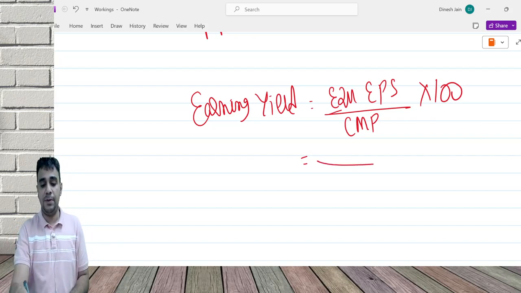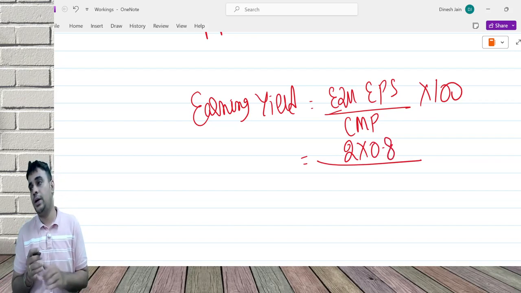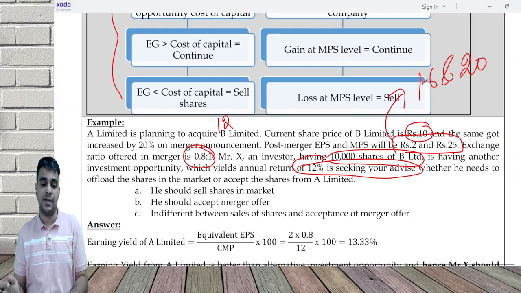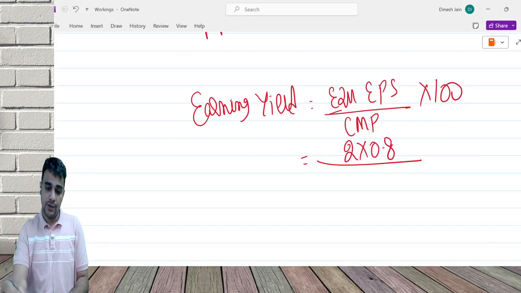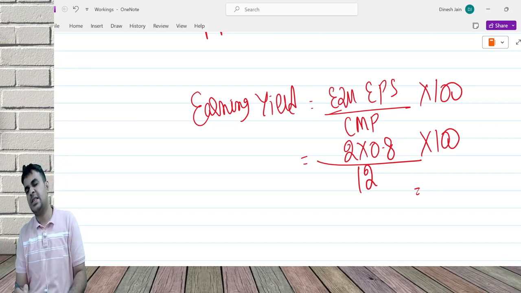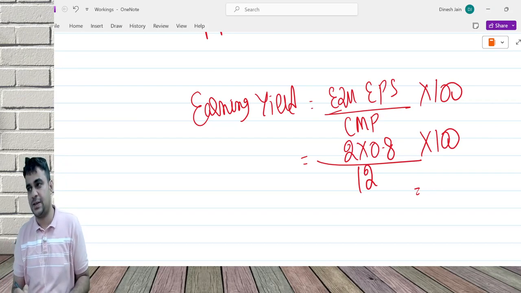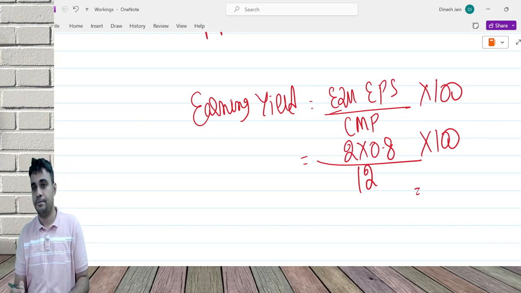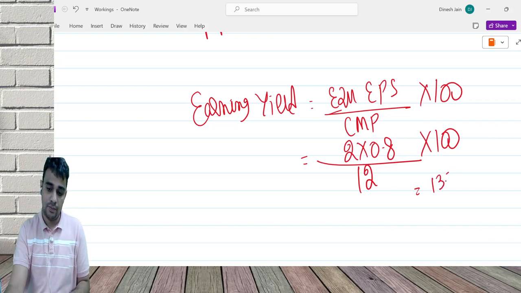What is equivalent EPS? It is 2 into 0.8. What's the current market price after the announcement has happened? It has gone up to 12. So 2 into 0.8 divided by 12, into 100, is the earnings yield. This is not very logical, so I'm not getting into much explanation.